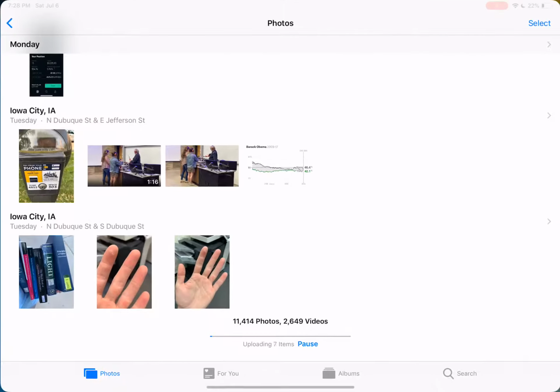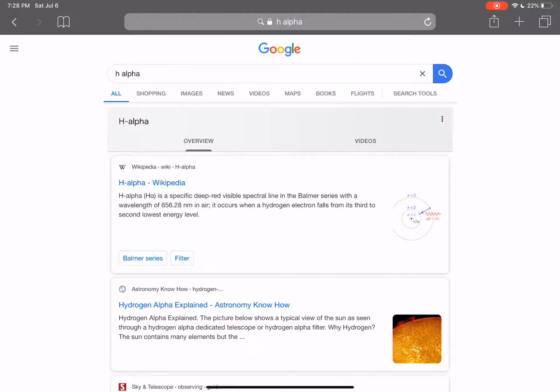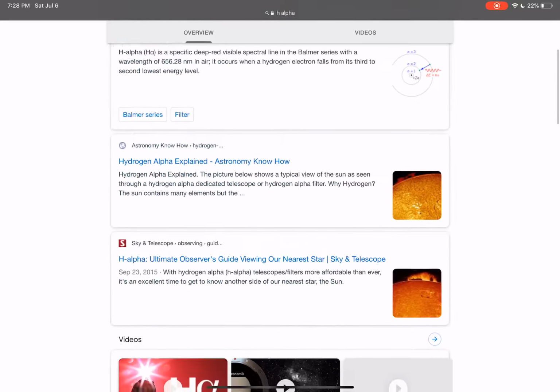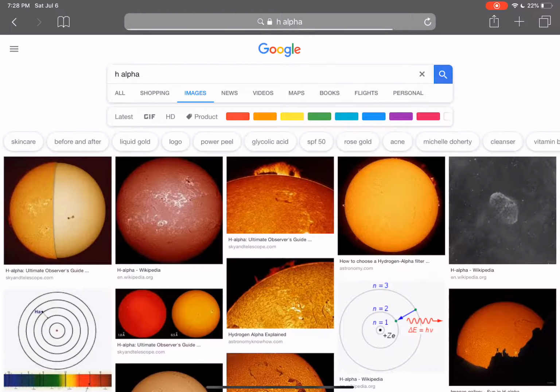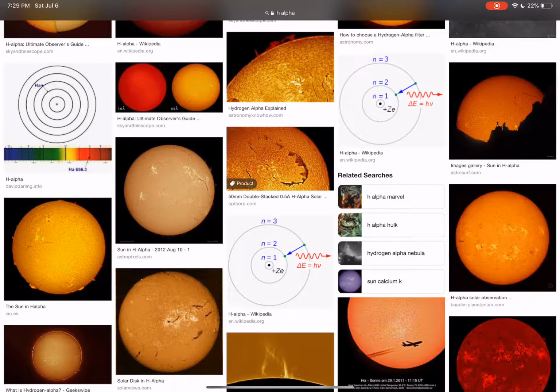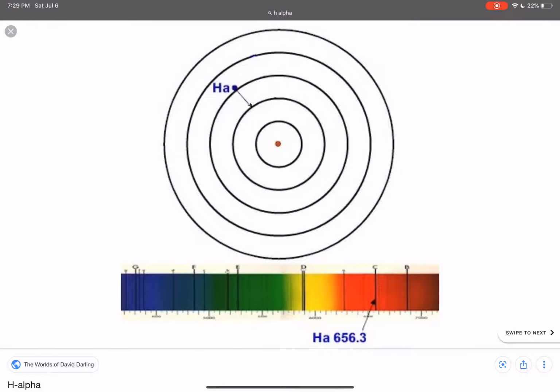So the H alpha, 656 nanometers, is a specific transition of the hydrogen atom, and most of the filters on the sun use the H alpha filter, and so the sun usually looks red. That's the specific transition. If you imagine these rings are the energy levels of an electron, when the electron transitions from the 3 to 2 state, so 1, 2, 3 lines out from the center of this ring, let me just draw a little picture here.